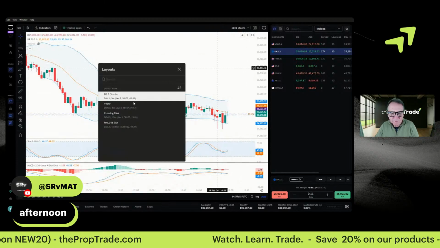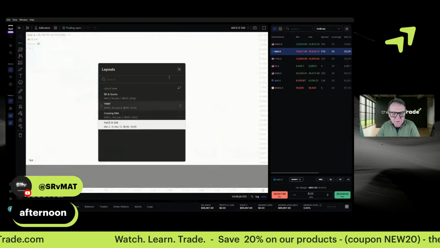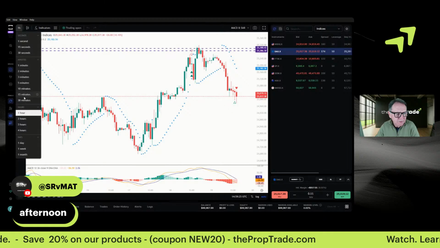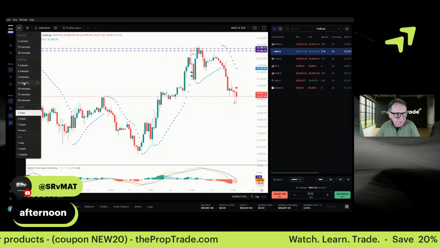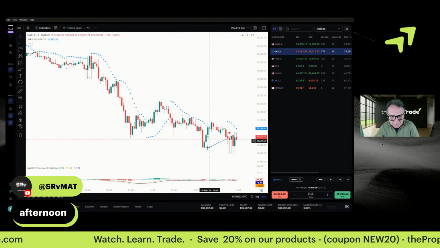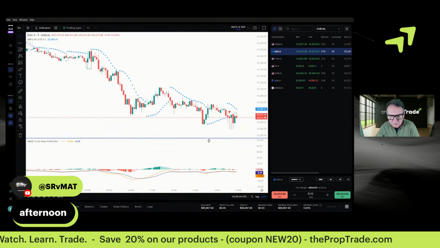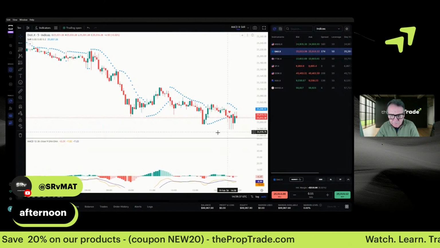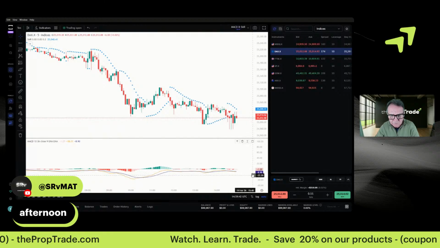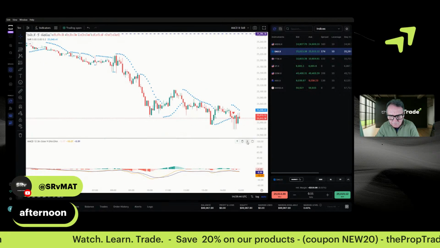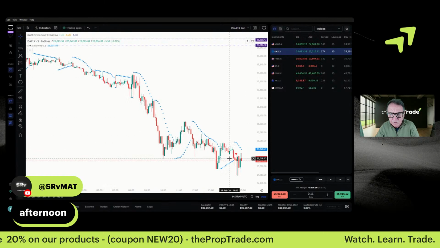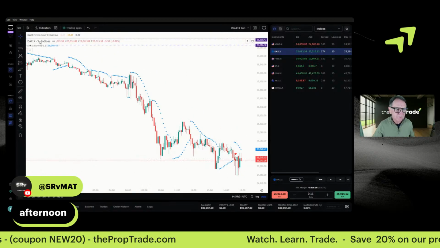Other layouts here, the MACD still says negative on the hourly time frame. The 5 minute might be a bit more choppy, but still negative as well. You can see the... I'll reinstall the parabolic SAR.